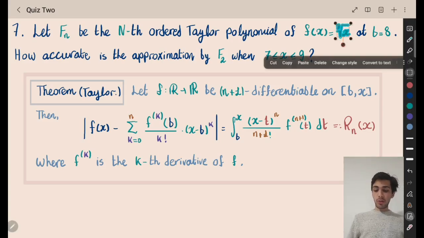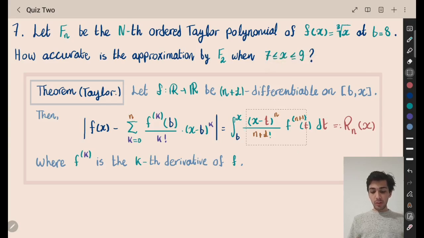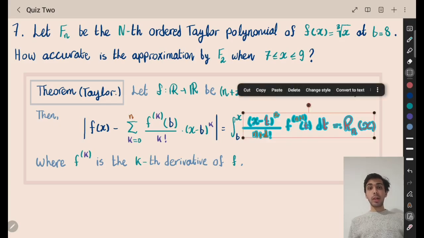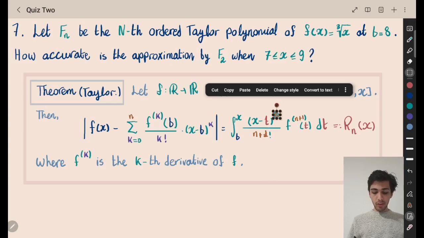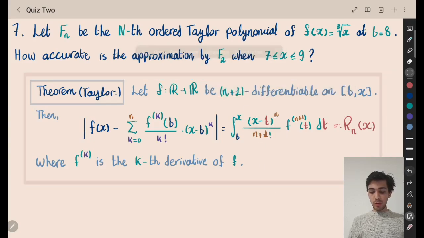For the cubic root function, in principle, you could attempt to give an exact description of Rn of x. Because in principle, if you want to take the third derivative of this function, it's not that difficult to compute. In fact, we will do it in a moment. And then you have n equal to 2, so this is quadratic, which we know how to expand. So you expand the quadratic, you group the terms, and you integrate term by term.